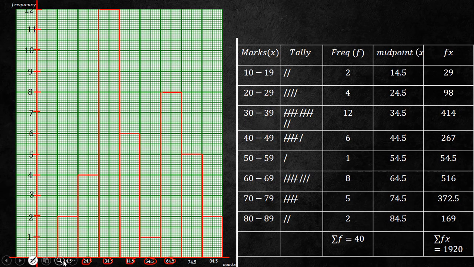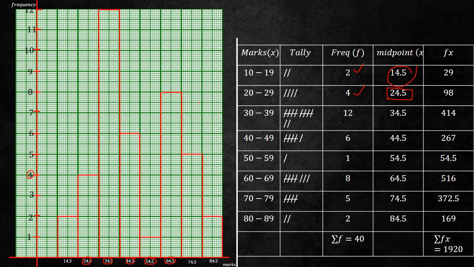For the 14.5, the frequency is 2, and you can see that from our graph. For the 24.5, the frequency is 4. So you do this until you finish with everything over here. Okay, so now that is our histogram.